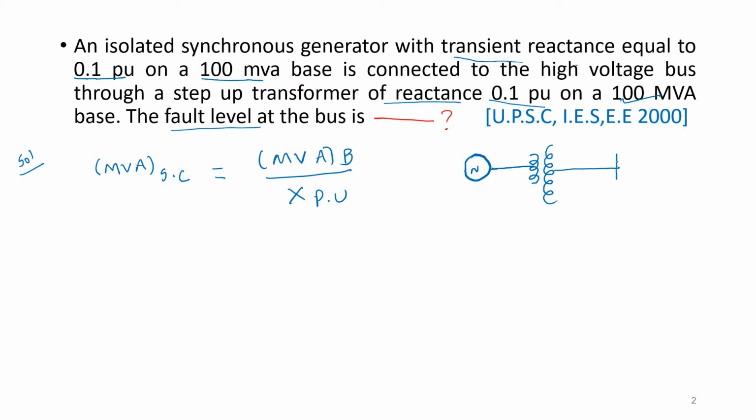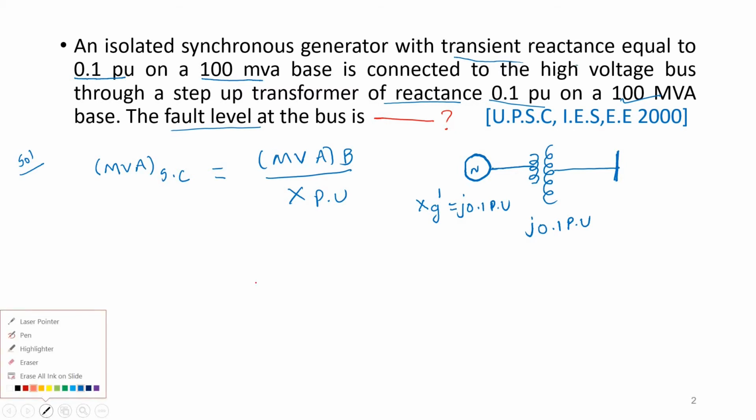The generator transient reactance is given as j0.1 per unit, and the transformer reactance is also j0.1 per unit. They are asking us to find the fault level at this bus, so we assume the fault has occurred at this bus.